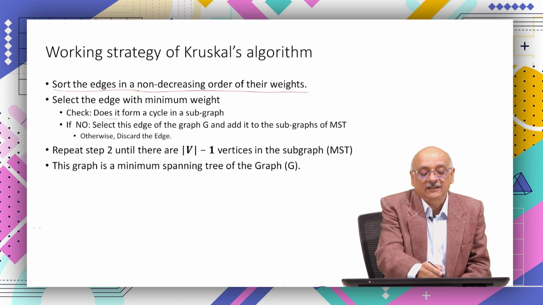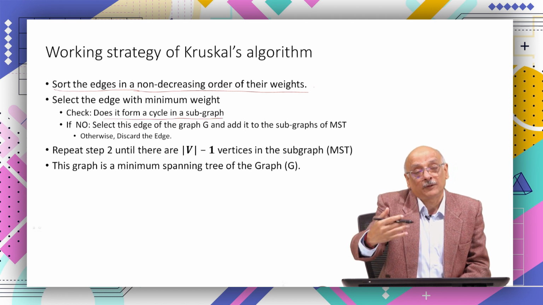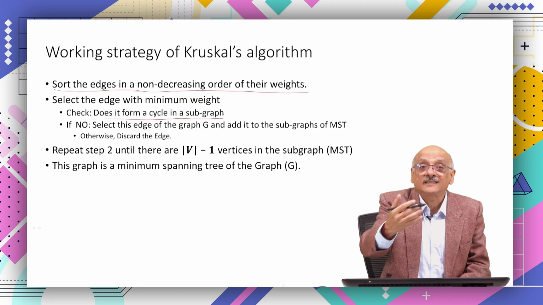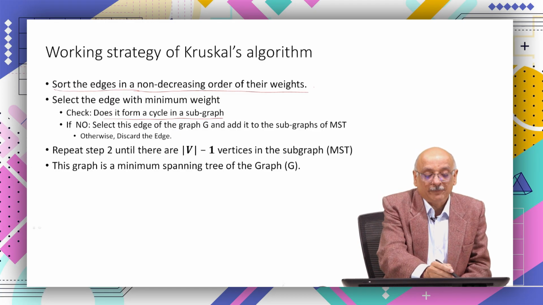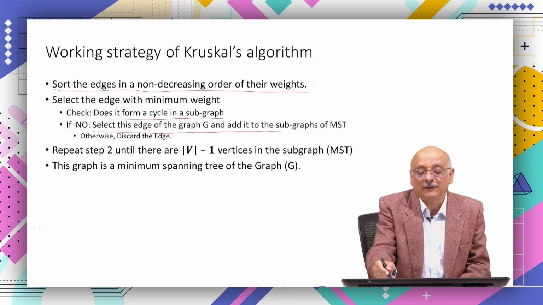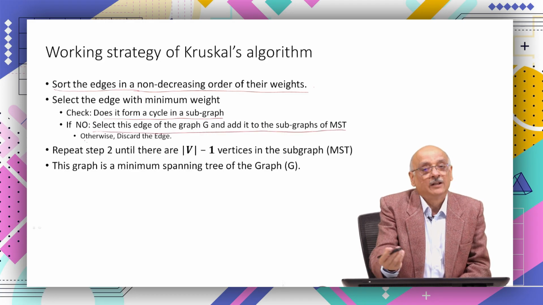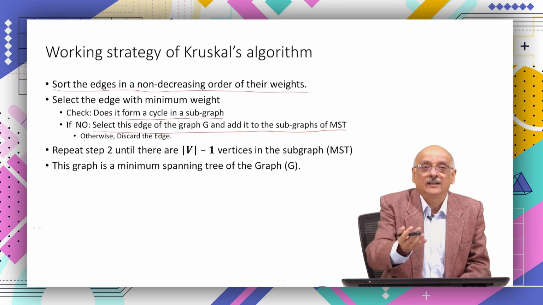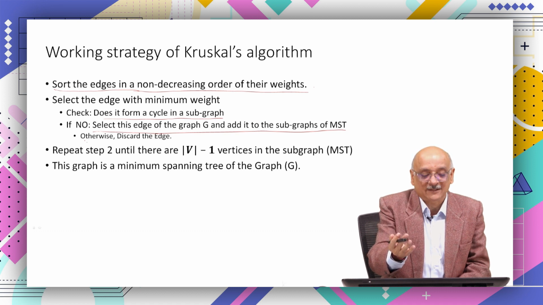And then we will check, does it form a cycle as far as any subgraph is concerned. There may be multiple subgraphs as far as Kruskal's algorithm is concerned, and what we need to check is whether a cycle is being formed when we select a new edge into it. If no, select this edge and add it to the subgraph of the MST. If it doesn't form a cycle, obviously it is still forming a tree. So let's add that into the MST.